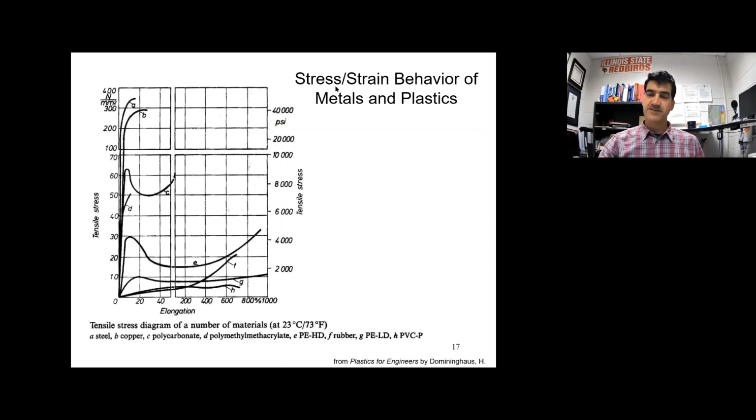Here are a bunch of different stress strain curves. If you see a bunch of these, you'll get pretty good at identifying what these materials might represent.